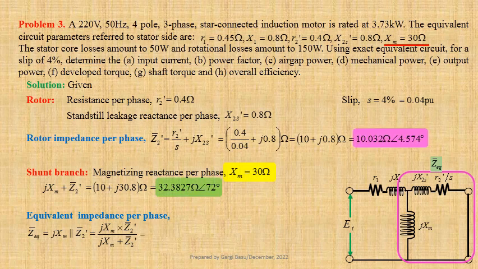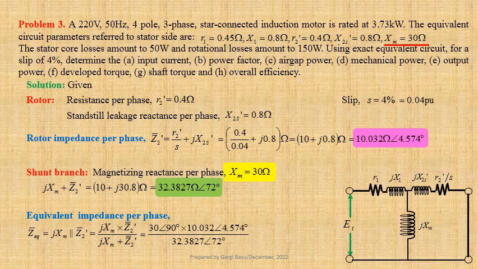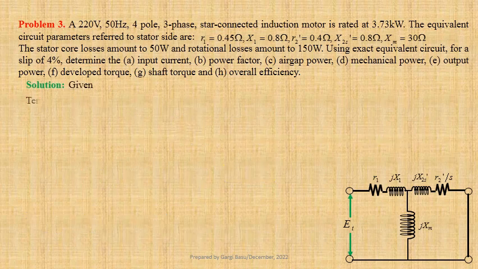Using values we get 30 at an angle 90 degree into 10.032 at an angle 4.574 degree divided by 32.3827 at an angle 72 degree. That gives us 9.294 ohm at an angle 22.574 degree.